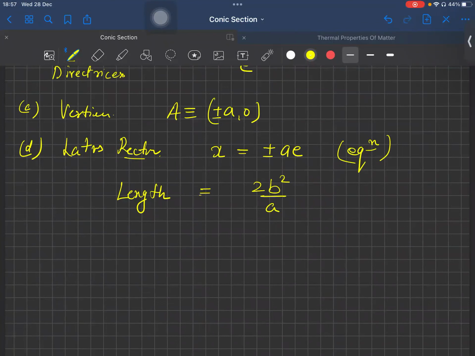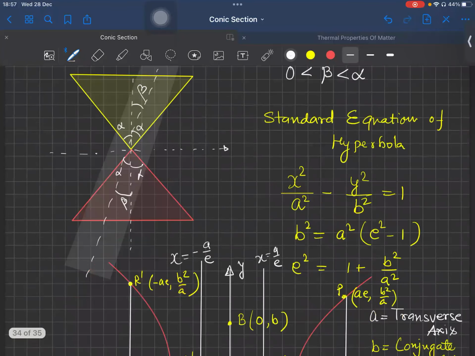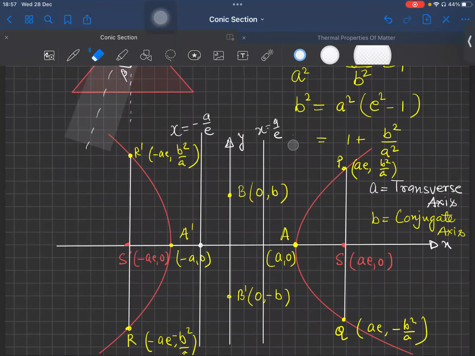Okay, there are several properties related to focus and the center, but we are not going to cover all those properties again here. So let's solve some problems based on this. How do you find the endpoints, point P, point Q?